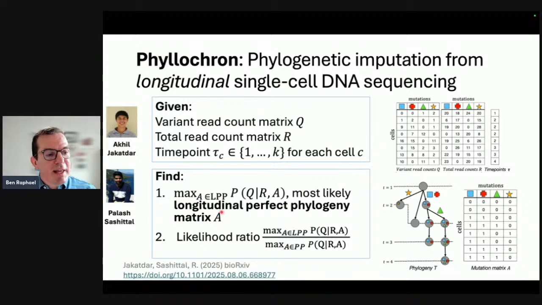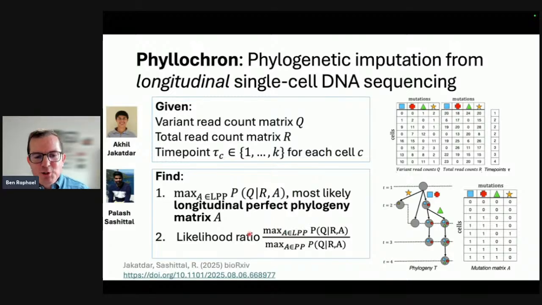And so then what we'd like to do is find a most likely longitudinal perfect phylogeny tree, or perfect phylogeny matrix, because there's a one-to-one correspondence between the matrix and the tree. This matrix, again, just indicates presence or absence of the mutation in the corresponding cell. So we want to find the most likely one.